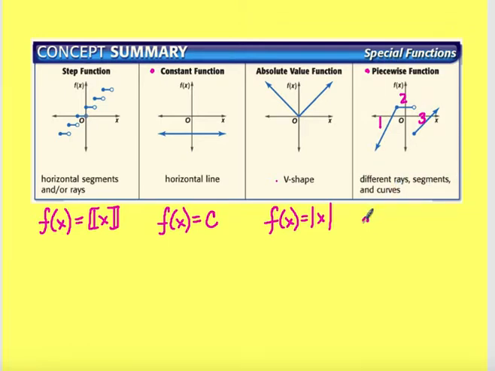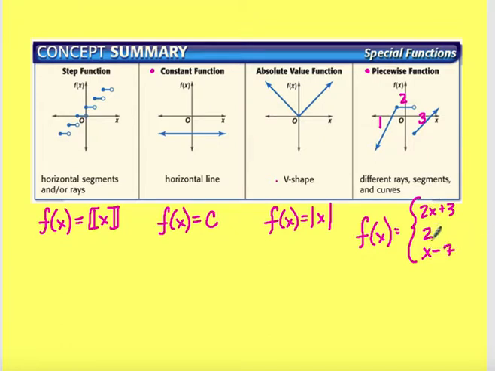A piecewise function will be written in a format that explains which function you're looking at. Maybe our first function was 2x plus 3, our second function was a constant at 2, and our third function might have been 1x minus 7.